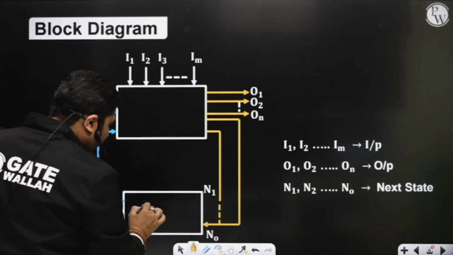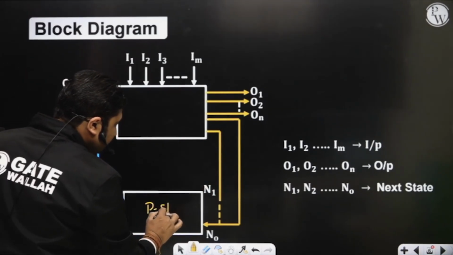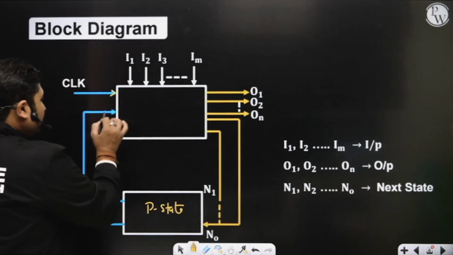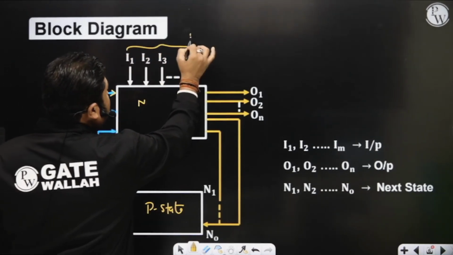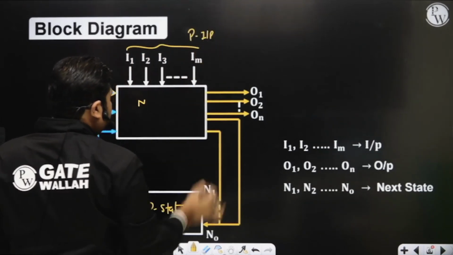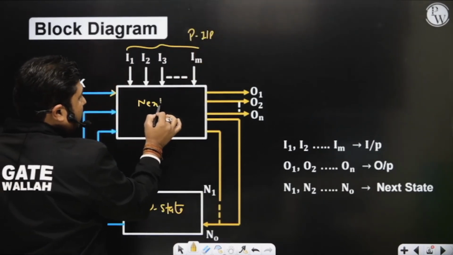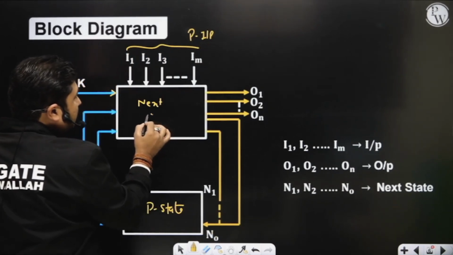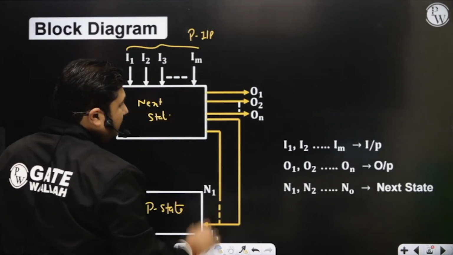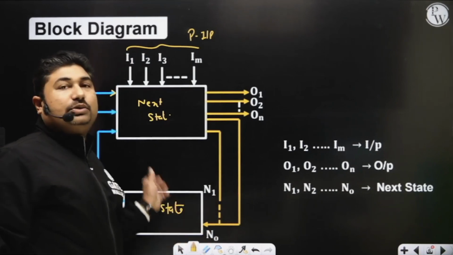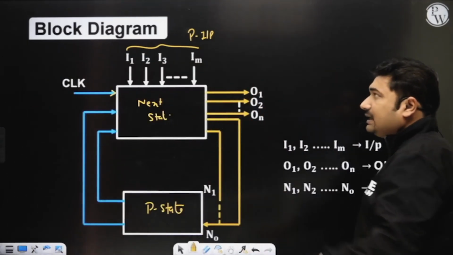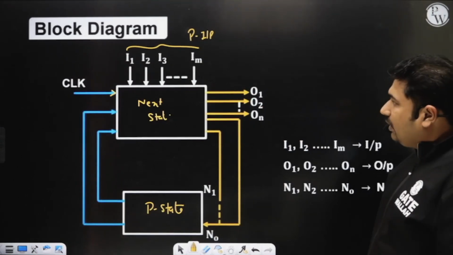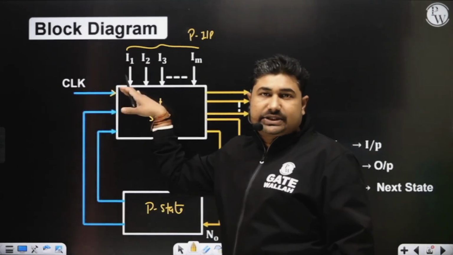This will be the previous state, and this is your present input. Depending on the previous state and present input, your next state is going to change. Again, that state is going to be stored somewhere. So this is just the basics about synchronous sequential circuits. All the things are synchronized with the clock.